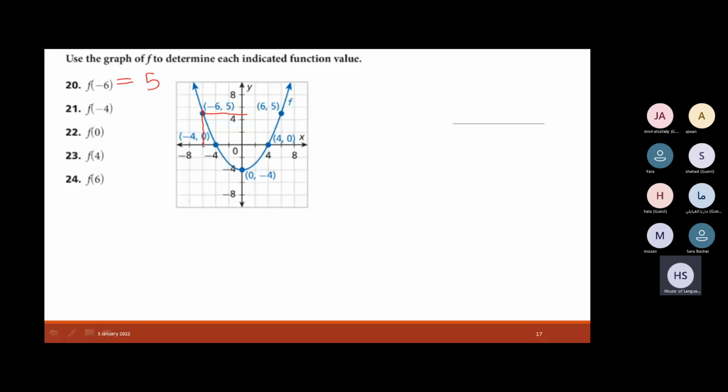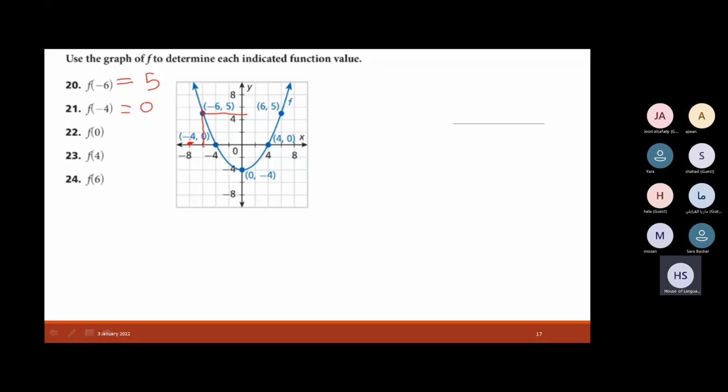The second one, f of negative 4. Where is negative 4? Is it here? Yes. Now, where does it intersect? Zero. At 0. Because here, negative 4, 0. Now f of 0.